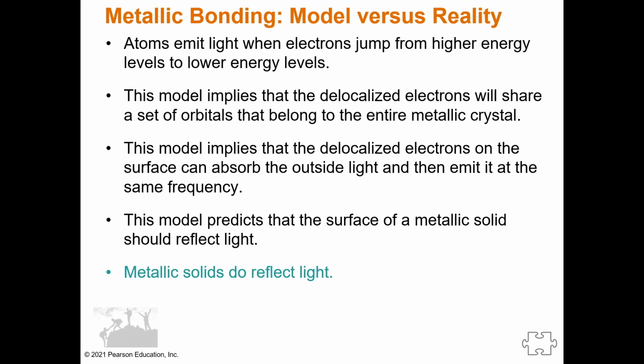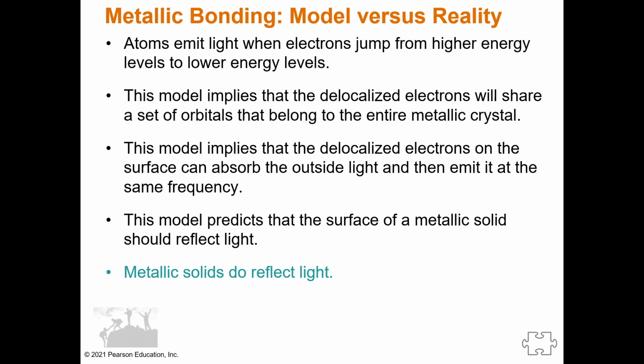Looking back at Chapter 8, we know that when electrons jump from a higher energy level to a lower energy level, radiation is released. And if that energy gap is the right distance, then the light that's being emitted can be part of the visible light spectrum.